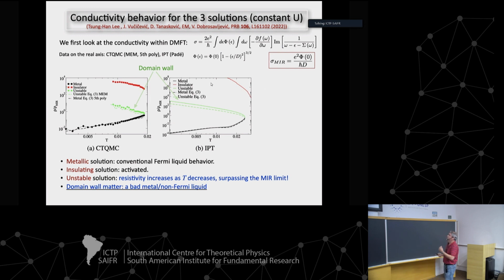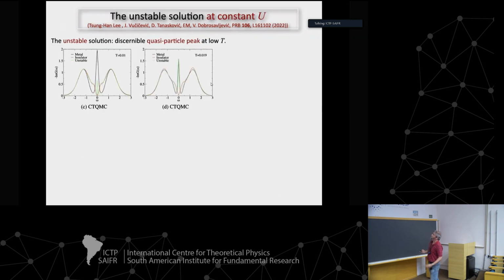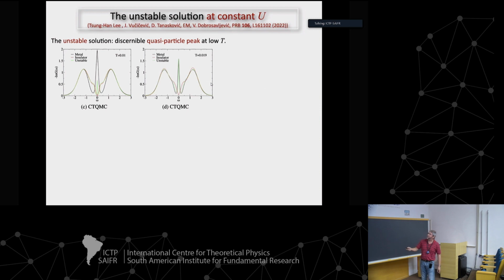So can we look a little bit closer at this behavior? Here I show the imaginary part of the local Green's function for the three solutions. Let's look at the metallic solution. It has the behavior that was shown before: two Hubbard peaks and a quasi-particle peak in the middle.